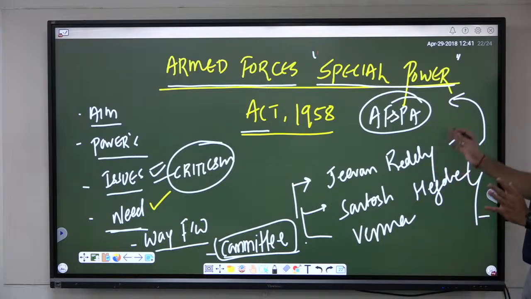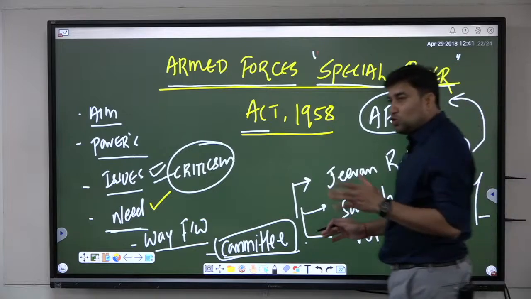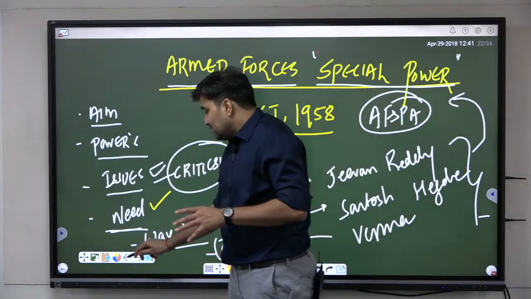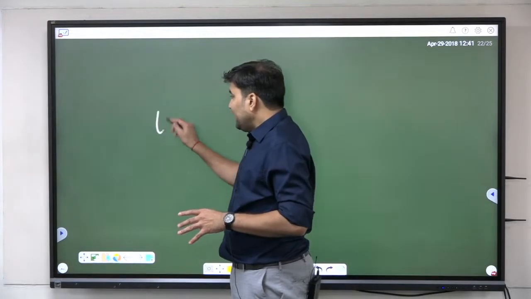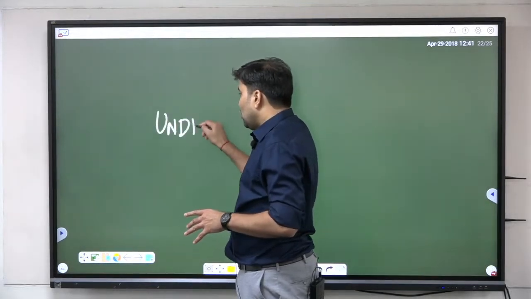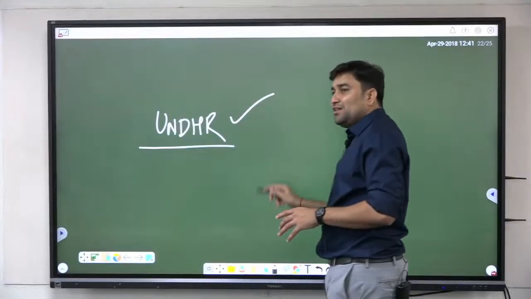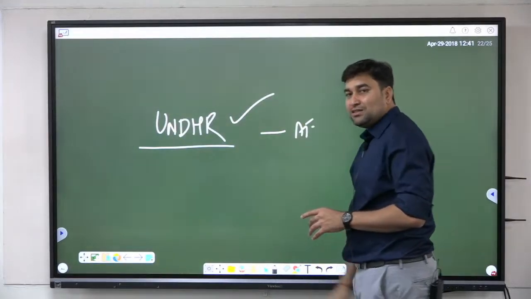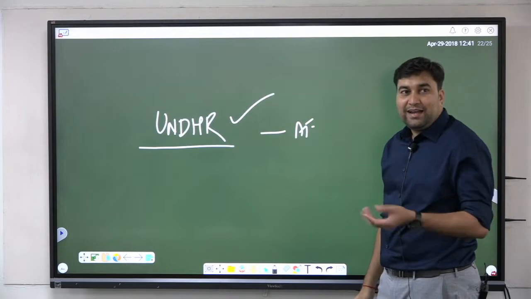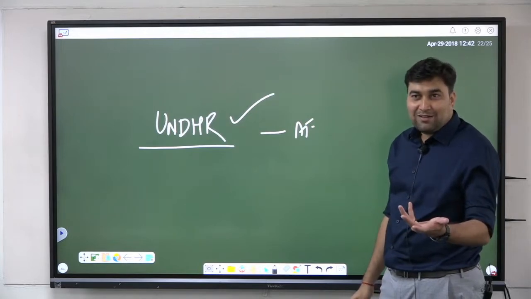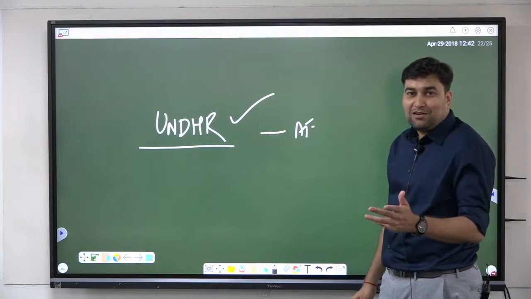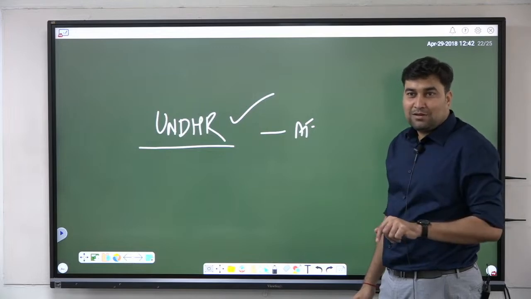Now, also it says that India is signatory to the United Nations Declaration on Human Rights. If India is signatory, then this AFSPA is violating this. Getting the idea? India is a Gandhian country which believes in peace, satyagraha, and you are giving the power to hit. Getting the idea?